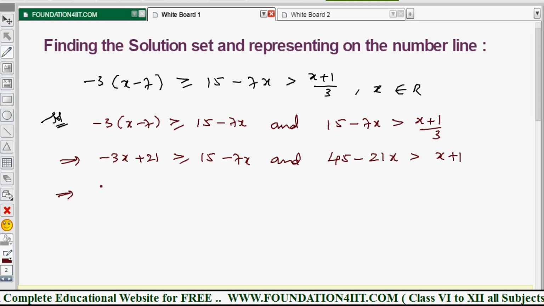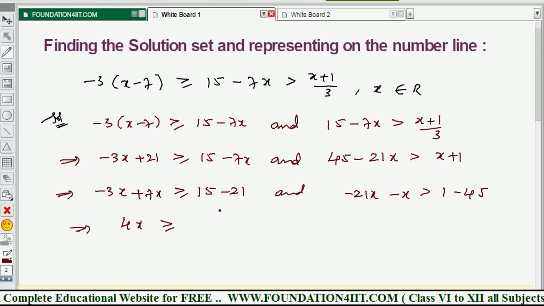Take all the x terms to one side, that is minus 3x plus minus 7x becomes plus 7x, greater than or equal to 15, which is on the right side, and plus 21 becomes minus 21. And from this, same, minus 21x minus x is greater than 1 minus 45, taking plus 45 to the other side. Minus 3 plus 7 is 4x, and 4x is greater than or equal to 15 minus 21.